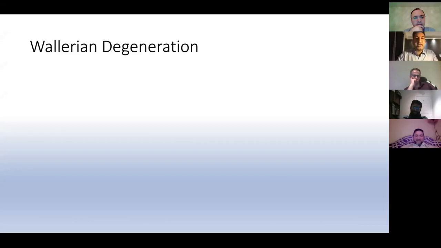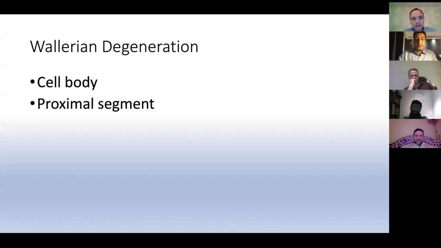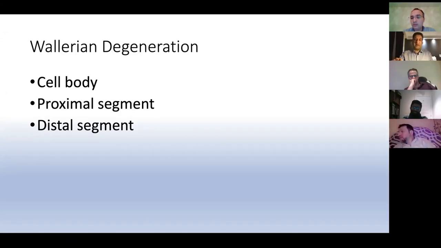So with Wallerian degeneration, I break it up into three main parts: the cell body, the proximal segment, and the distal segment. So when you cut a nerve, imagine if you say, okay, I'm doing a carpal tunnel decompression, I accidentally cut the median nerve. And this is a Viva question they might give you. What is happening at a cellular level? Well, basically, I would say to the examiner, I would break my answer up into three main parts: the cell body, the proximal segment, and the distal segment.